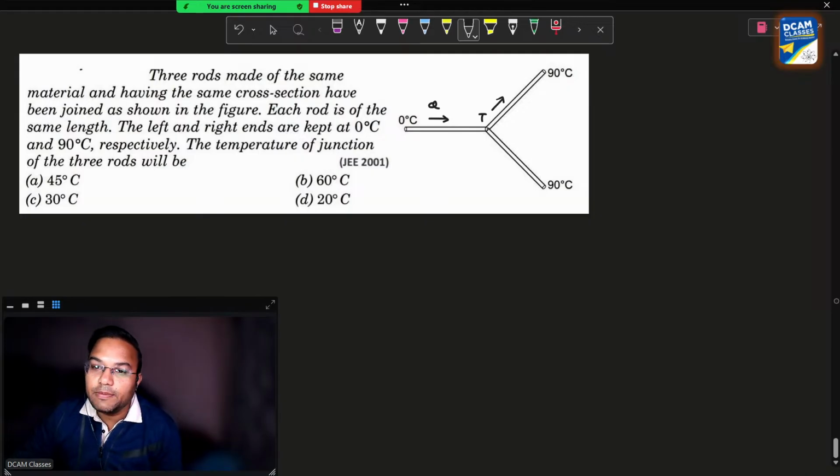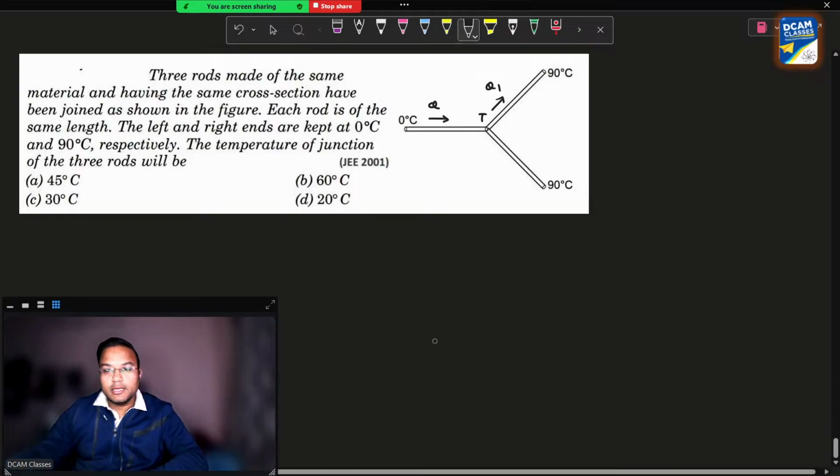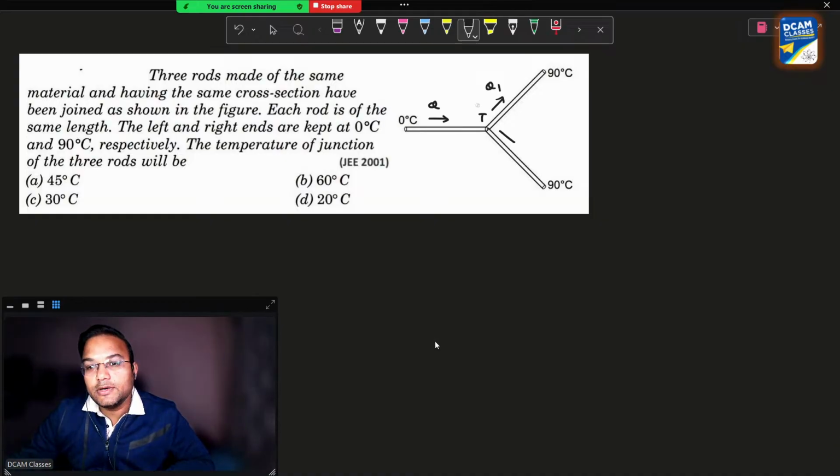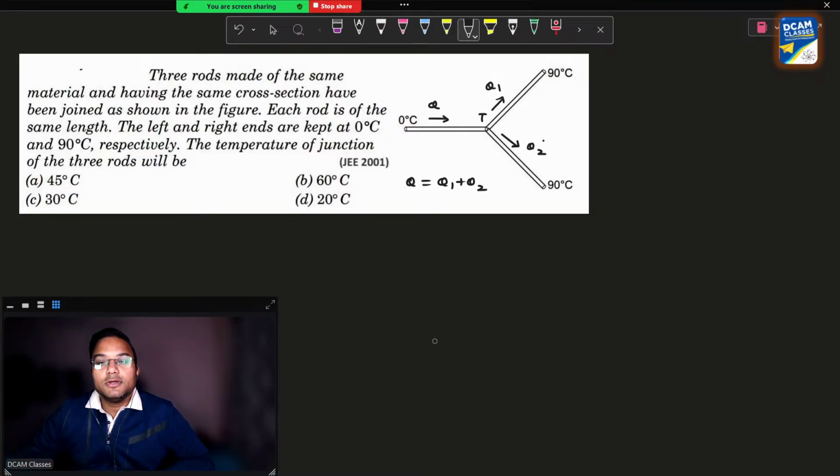Some of this heat will be transferred to the right upper limb, and the other heat will be transferred to the lower limb. But Q will be equal to Q1 plus Q2 because it works like current, because I have represented dQ by dt as current.